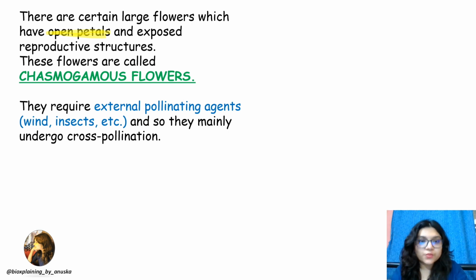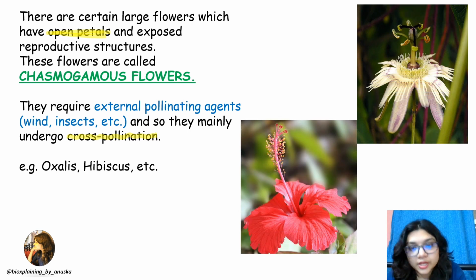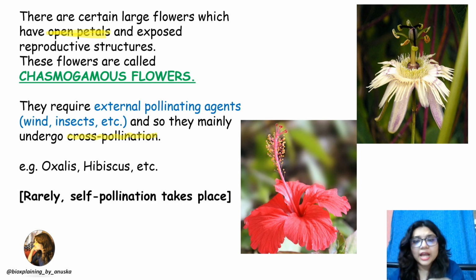So in these flowers, external pollinators can come and pollinate them. That means that they can very easily be cross-pollinated. So for example, we can have oxalis and hibiscus. So here, what we have shown is oxalis. And then in the bottom diagram, what you have is hibiscus, right?